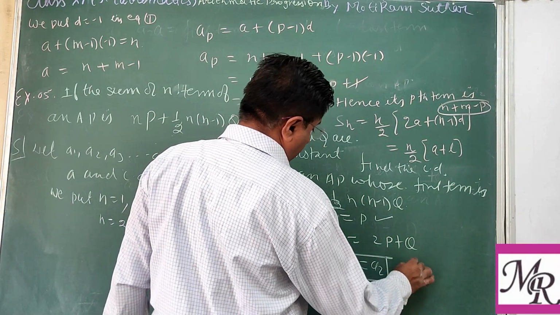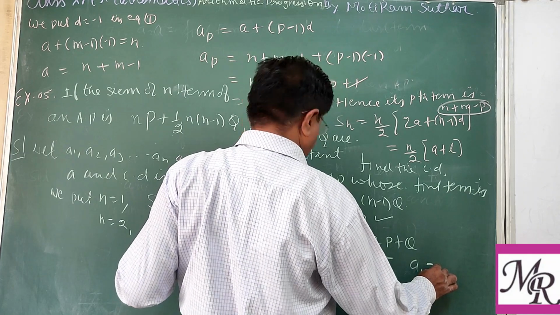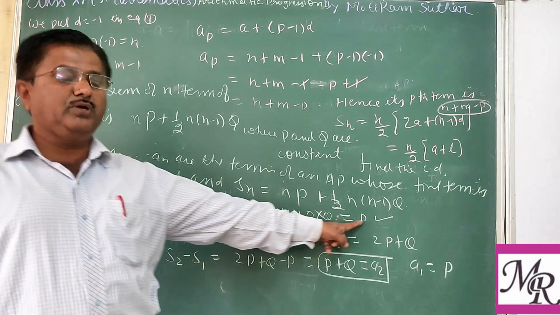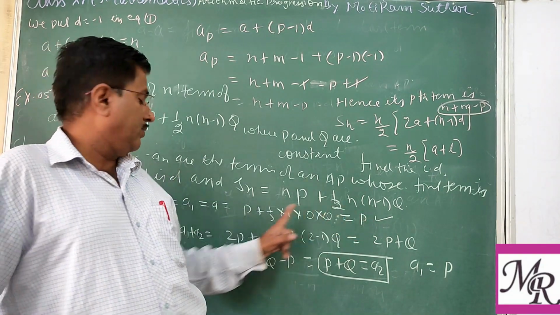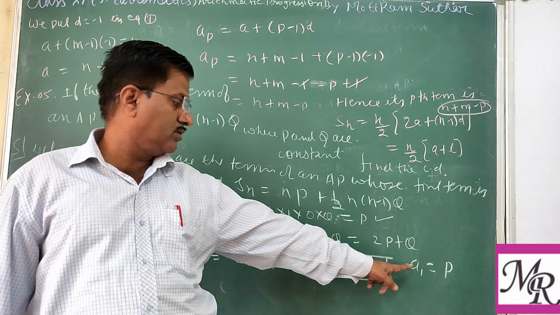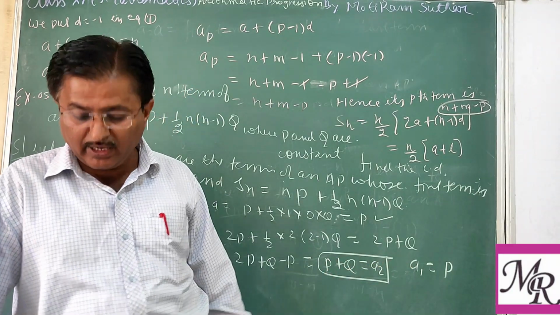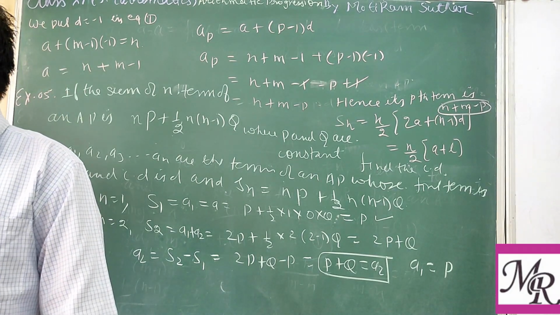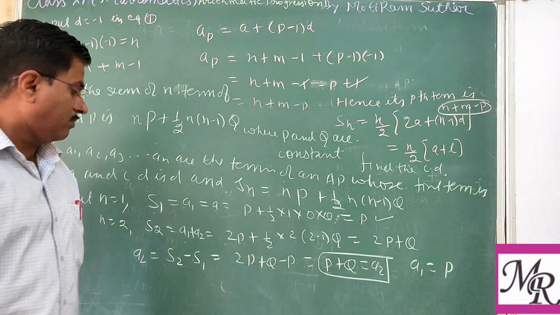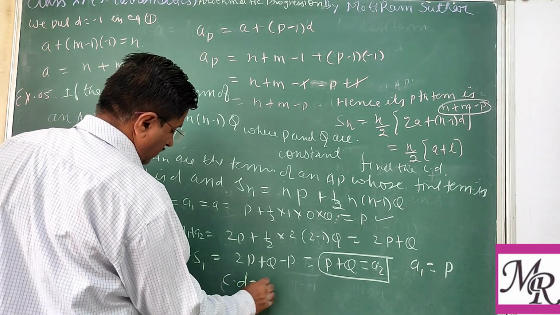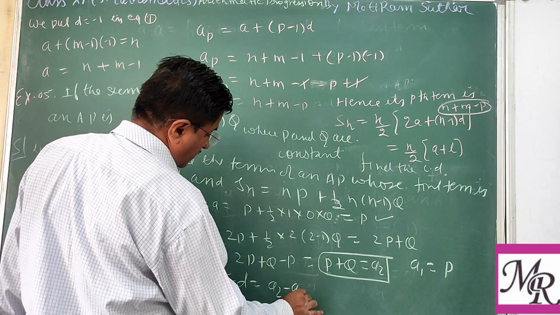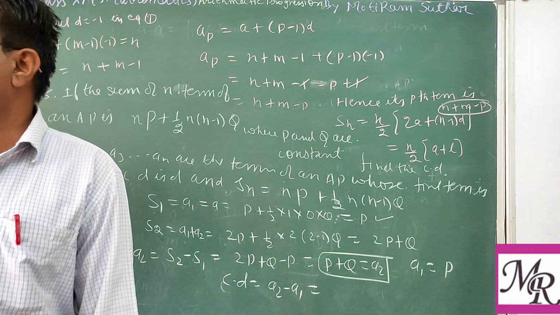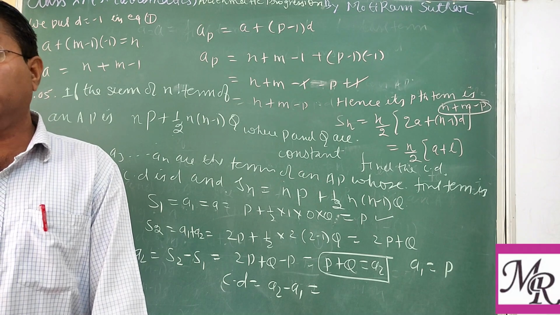So we know the value of A1 is P and the value of A2 is P plus Q. Then the question says you have to find the common difference. So now easily we can see the common difference is the second term minus the first term. By the definition of an AP, the common difference is the difference of consecutive terms.